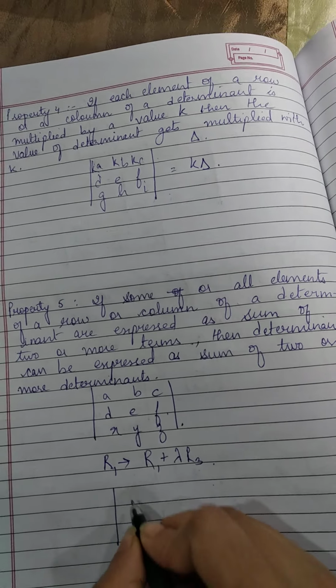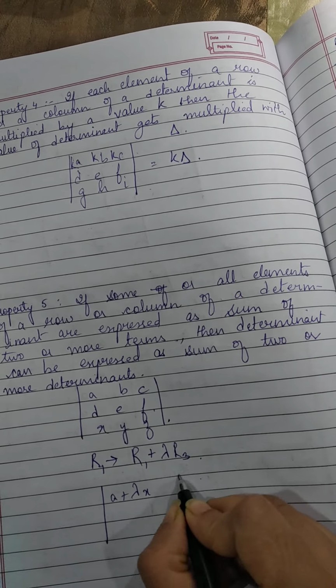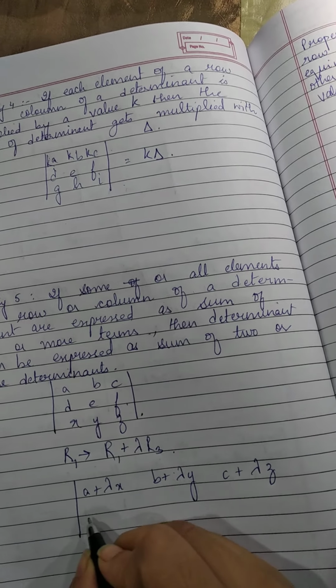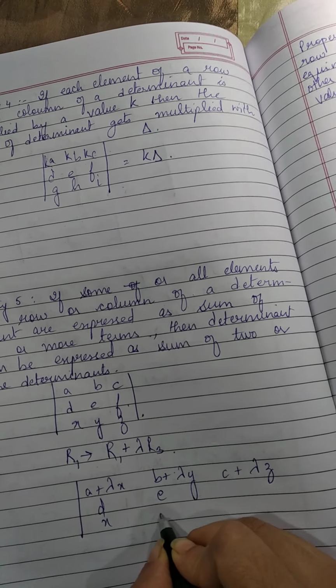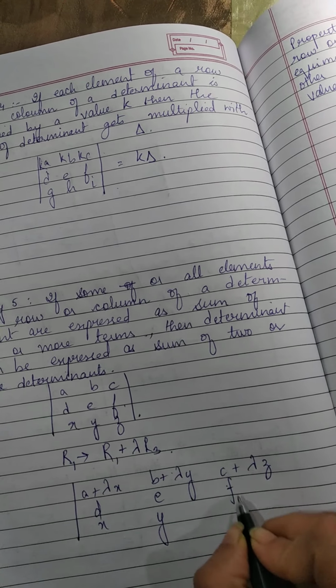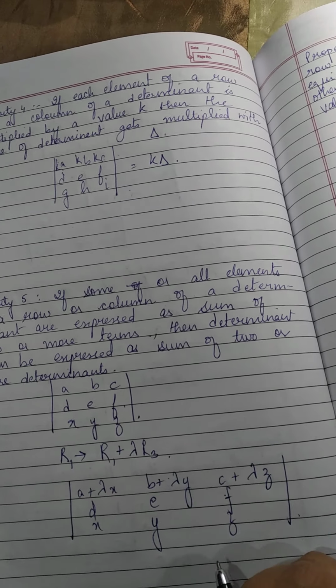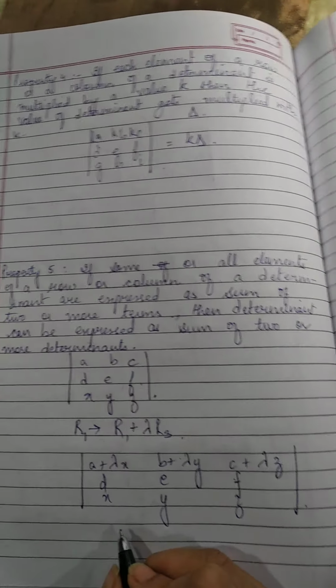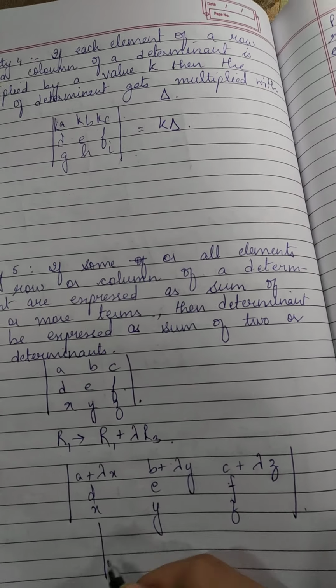So this will become A plus lambda X, B plus lambda Y, and C plus lambda Z. D, E, F, X, Y, Z, all other elements will remain the same. So how can we write this?